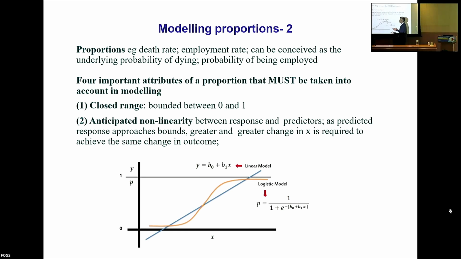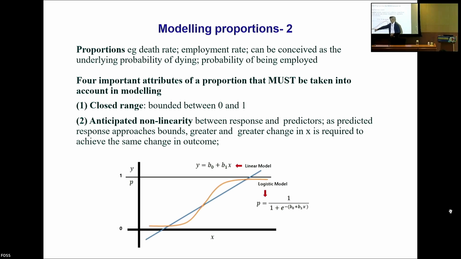What this logit transformation does is bound our predicted values between 0 and 1, which makes them meaningful.